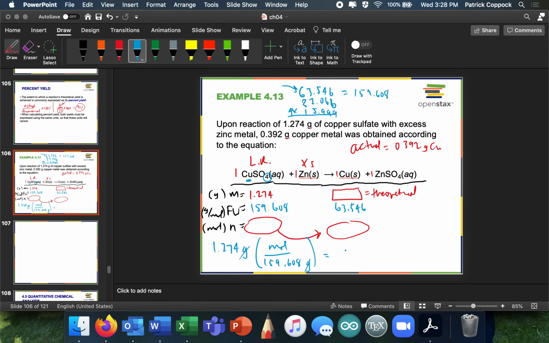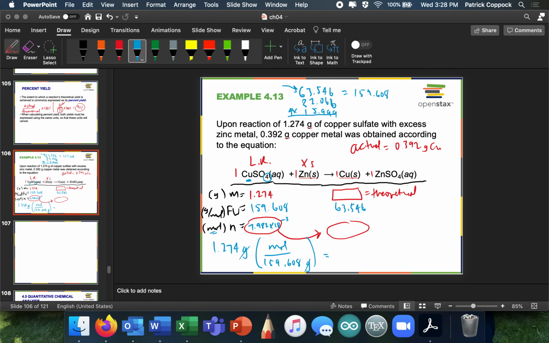So 159.608 is on the bottom. 1.274, got to check that. It is 1.274, yes. 1.274 divided by 159.608 equals 7.982 times 10 to the minus 3 moles, right?